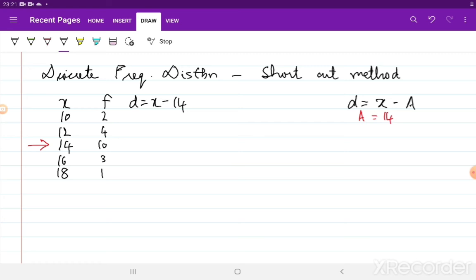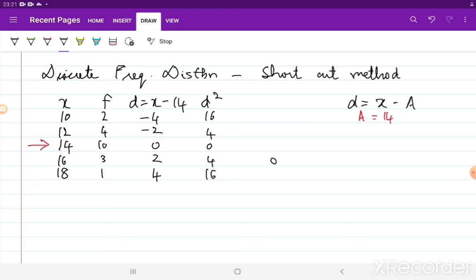So 10 minus 14 is minus 4, 12 minus 14 is minus 2, 14 minus 14 is 0, positive 2, and 18 minus 14 is positive 4. You will also need d square, so that's 16, 4, 0, 4, 16.